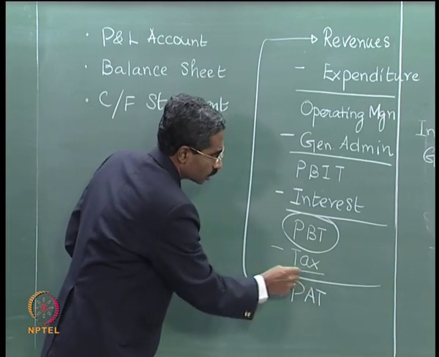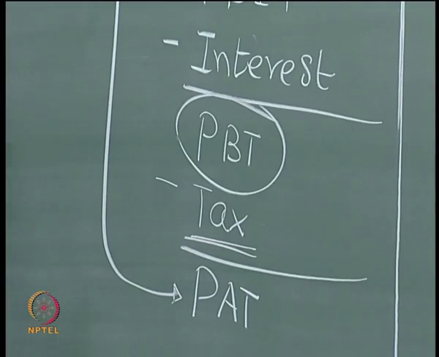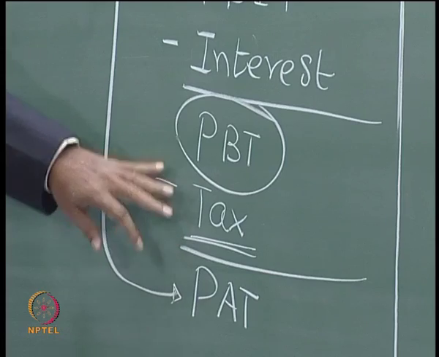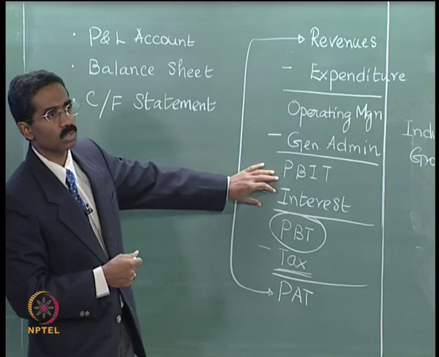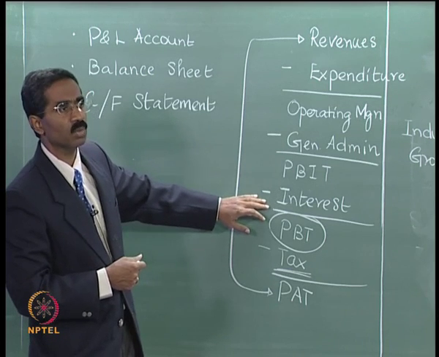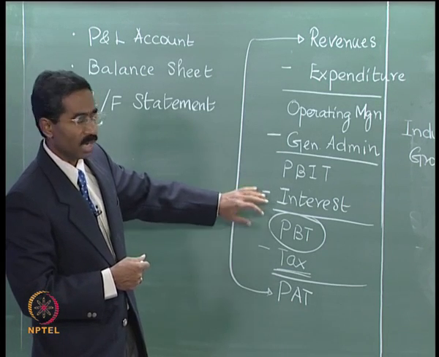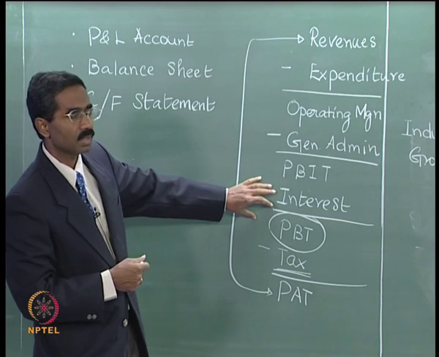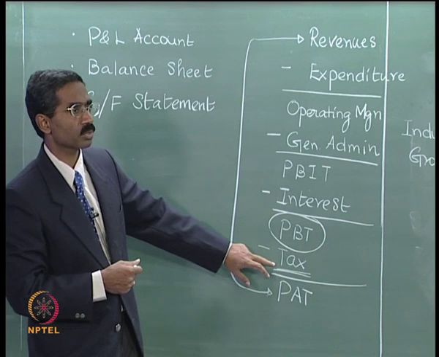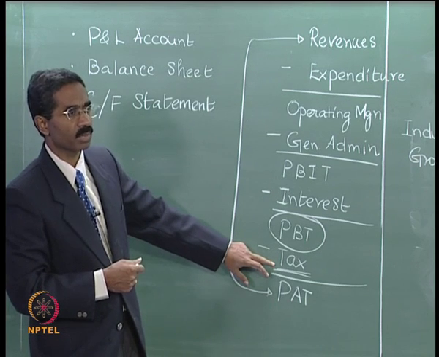Now this tax is dependent on various aspects. For example, if the company has a high amount of debt in the balance sheet, then it will also have a higher amount of interest payment, and if the interest payment is high, then the profit before tax will be lower and it will lead to a correspondingly low amount of tax payment.